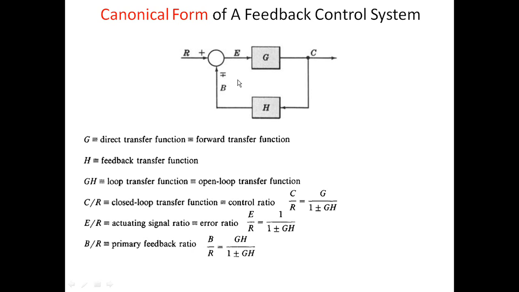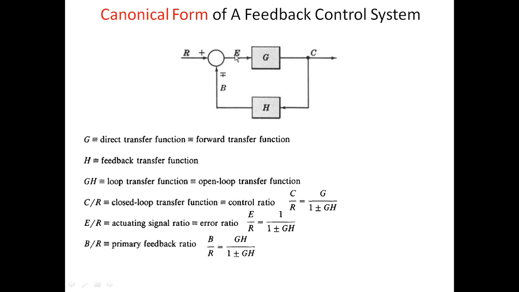Now if it is a negative feedback system, then we get G upon 1 plus GH. If it is a positive feedback system, then we get G upon 1 minus GH. So it is opposite to the sign. Next is the E by R ratio, which is the error ratio.